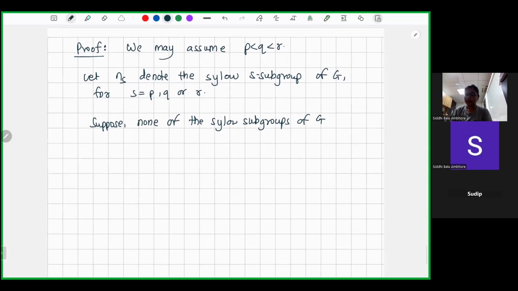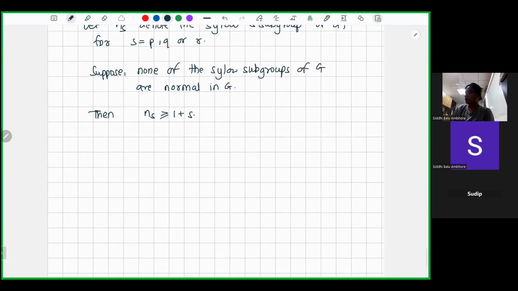And suppose I assume that none of the Sylow subgroups of G are normal in G. Then by the second Sylow theorem, NS will be greater than or equal to 1 plus S. You can check that.